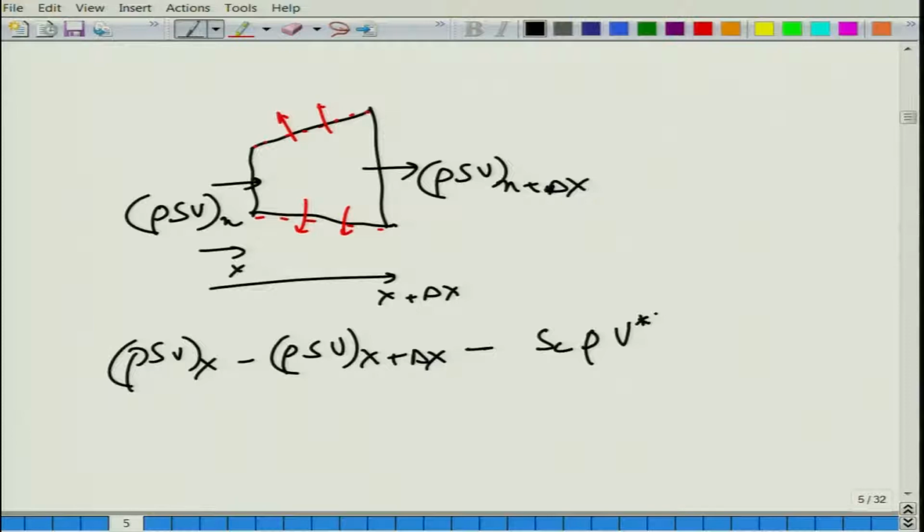This is equal to del t of rho S into delta x, because density times cross section area into the distance is the net mass, that is, the temporal change of mass.